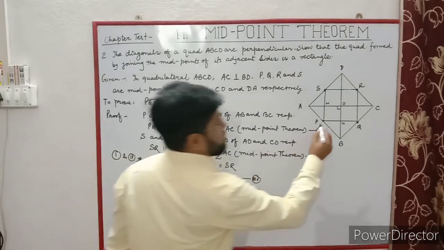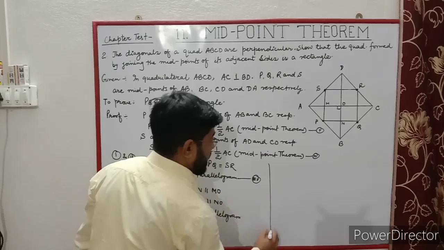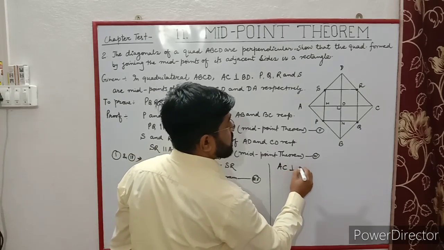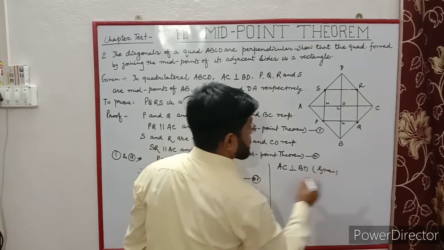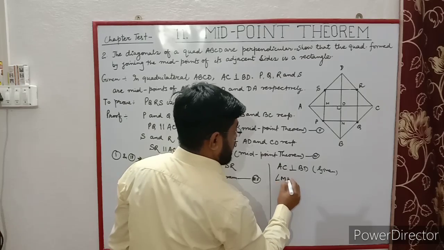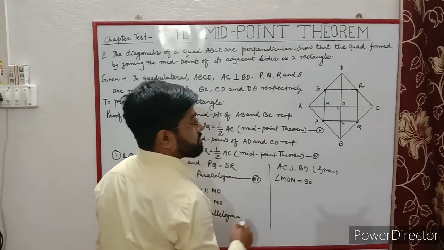Now PNOM is a parallelogram and AC is perpendicular to BD, it is given, then angle MON is equal to 90 degrees.